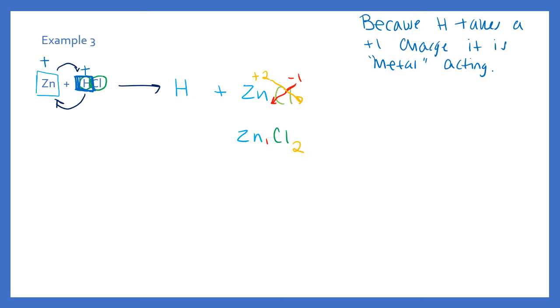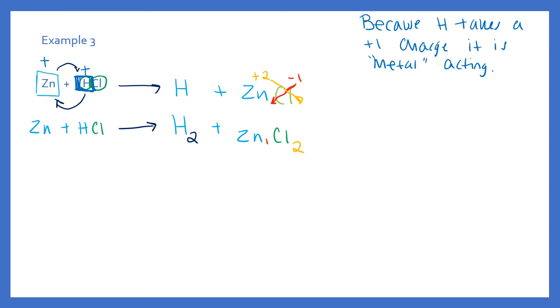And then plus the hydrogen, which I want to just draw attention that it should be diatomic, so that 2 should be there, becomes Zn plus HCl. Okay.